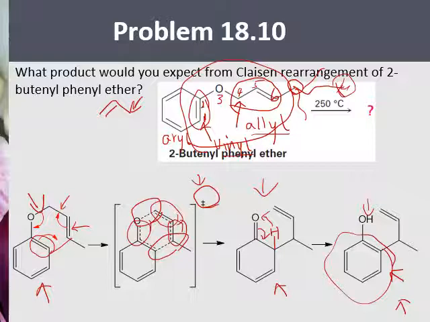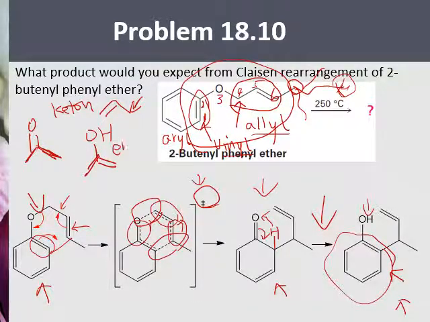Okay, the last step. This step is also very common. The hydrogen shift is called keto-enol tautomerization. So if you have a keto, okay, a C=O double bond, this is called the keto form. All right, and a double bond with hydroxy. Okay, this is called the enol form.